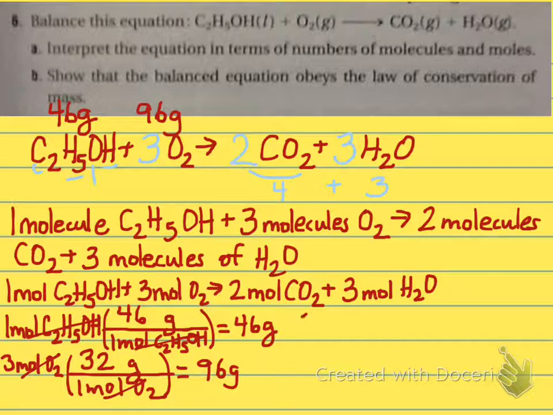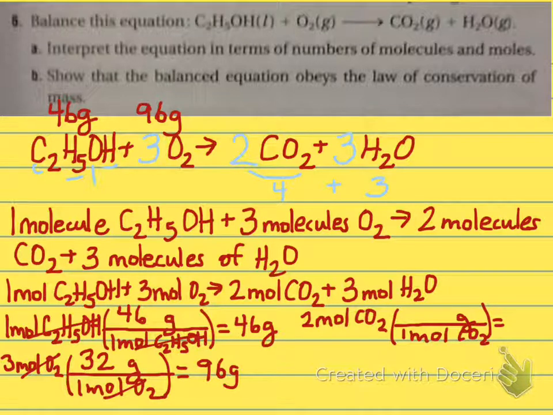Again, I'm going to use 2 moles of carbon dioxide because that's my coefficient. I'm going to use the molar mass of carbon dioxide. Carbon is 12.011, so 12, and there's just one of them. And 2 times 15.999, which is 16, so that gives us a mass of 44. Times 2 gives us 88 grams.